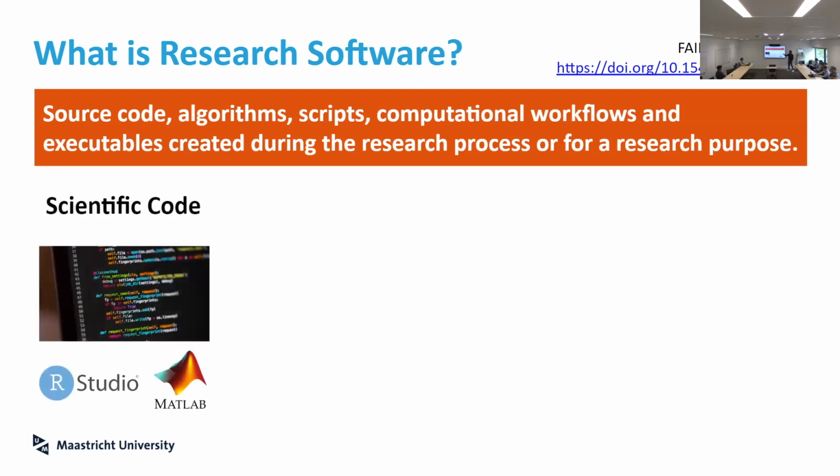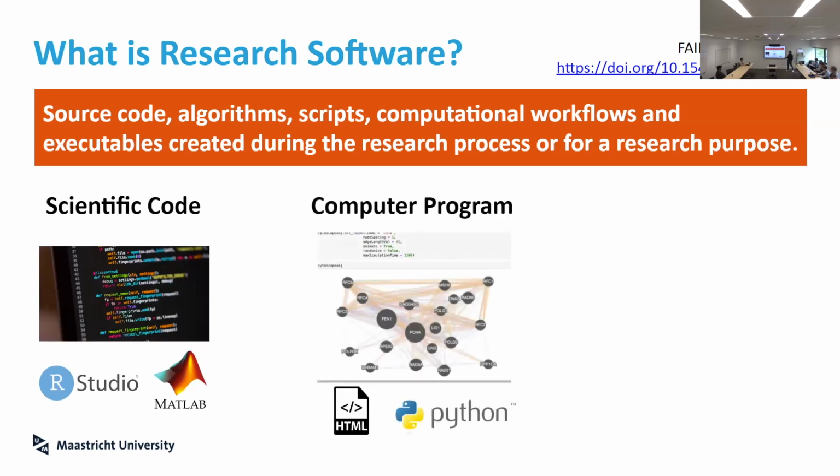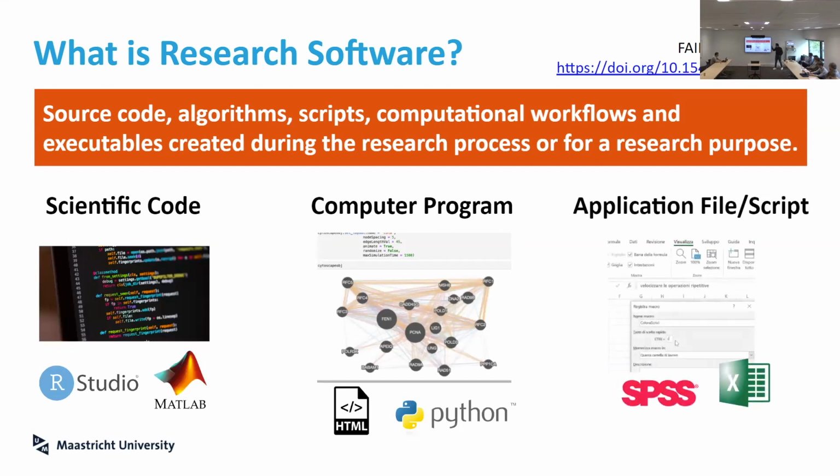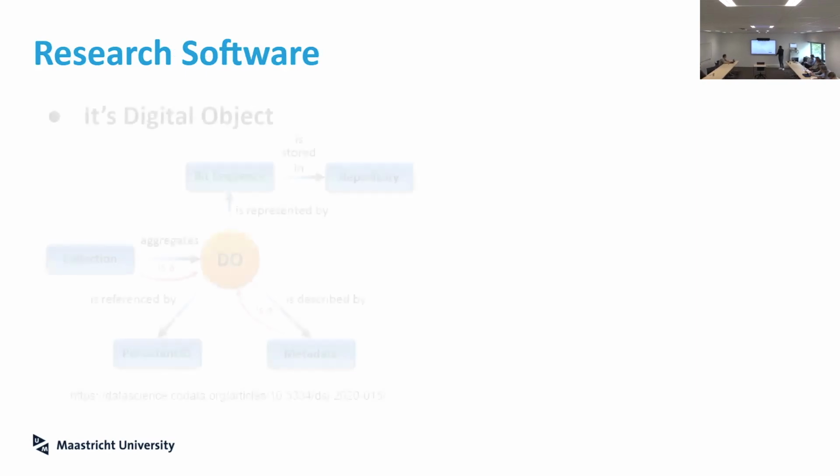So this includes, of course, scientific code that we are normally used to, R, MATLAB for our analysis. It also includes any computer programs, Jupyter notebooks, or web services developed in JavaScript, whatever. But it also includes applications, scripts, SPSS, and all that, right? So it is an umbrella term for all those executable computer programs. So it does not discriminate, right?